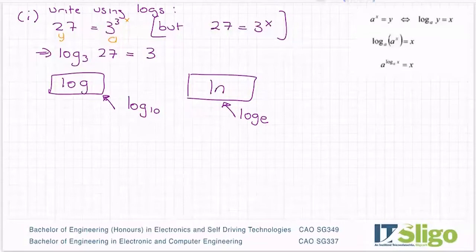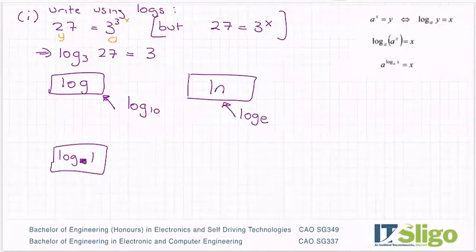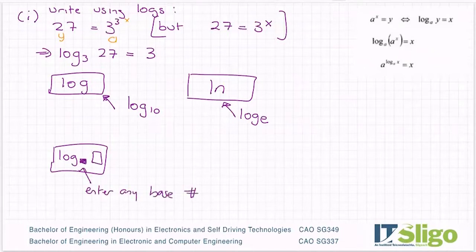So the one you need to use if you are not using log to the base 10 or log to the base E is this button here: log to the base, colored in, and an empty box. This allows you to enter any base number, and then the second box allows you to enter what you're getting the log of.